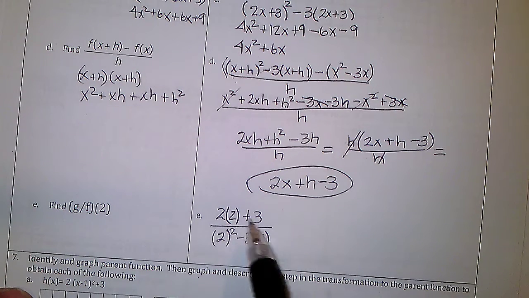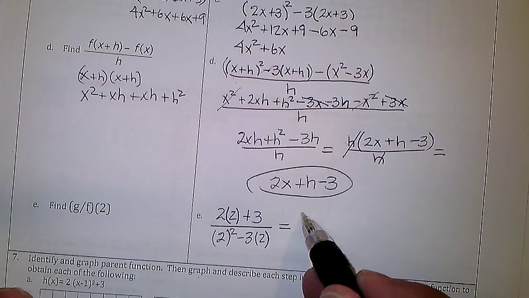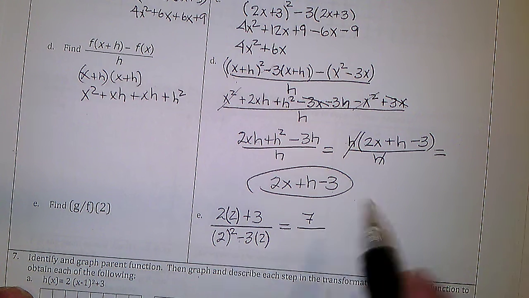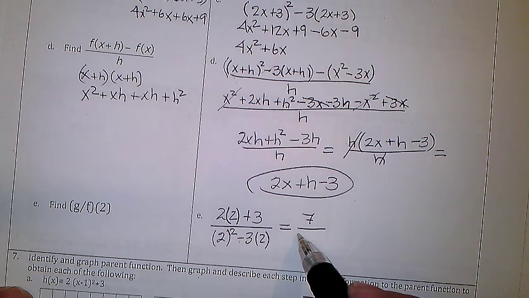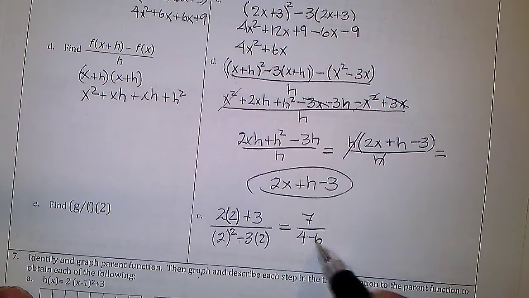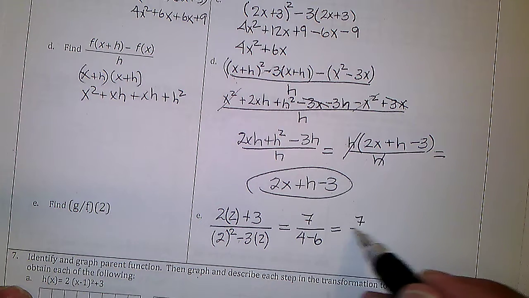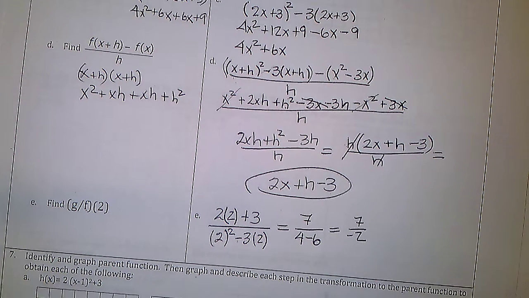So I have 4 plus 3, 7, over 4 minus 6. So that's 7 over negative 2, or negative 3.5.